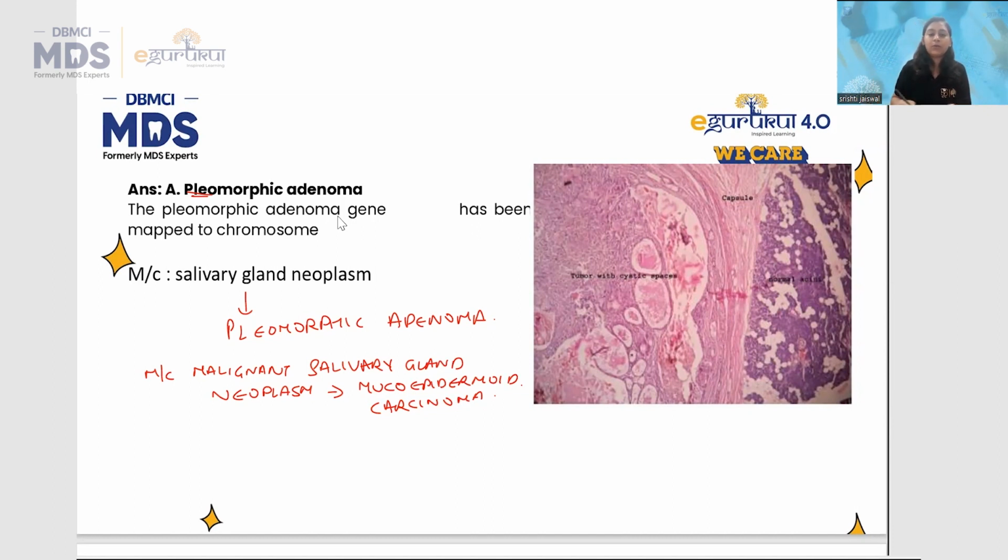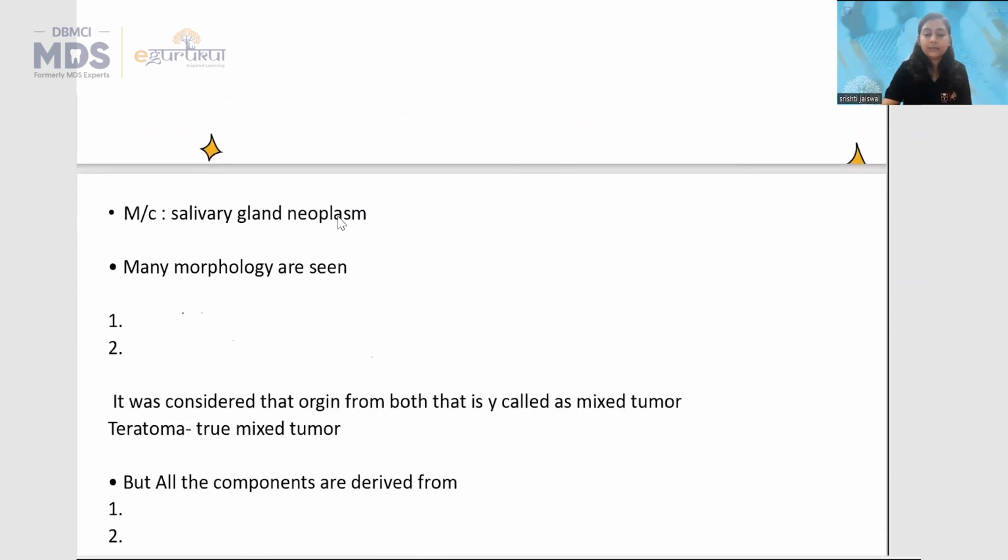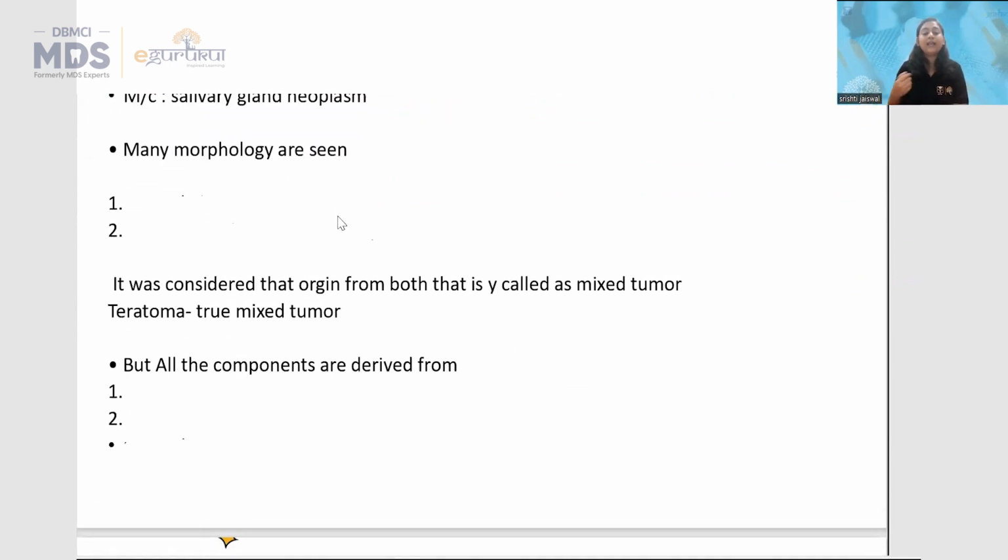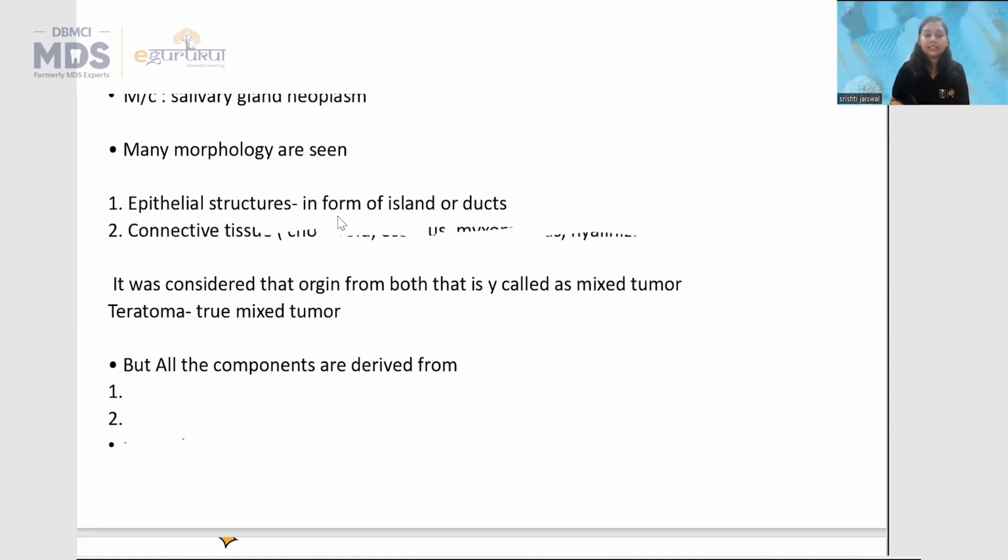Okay, so we will see what different morphologies are seen. Pleomorphic adenoma, the associated gene is PLAG1, and it is mapped to chromosome 8q12. Many morphologies are seen in pleomorphic adenoma. Why? Because it has epithelial structures present in the form of islands or ducts, along with connective tissue.